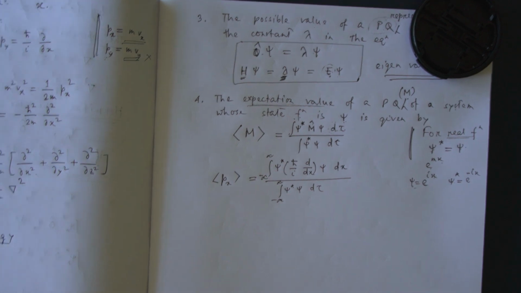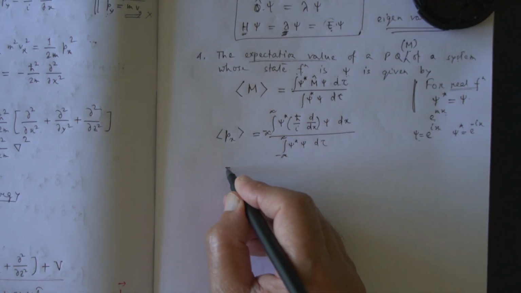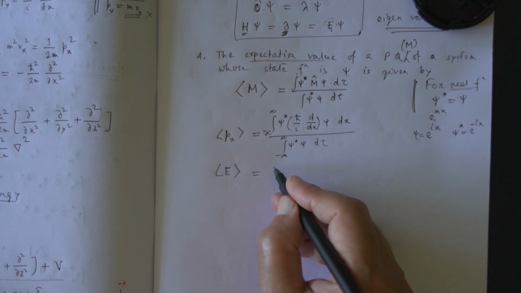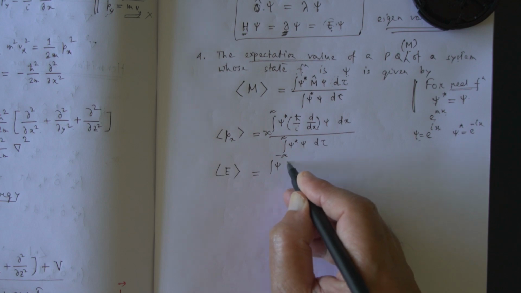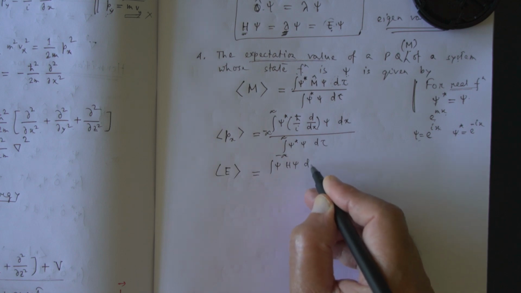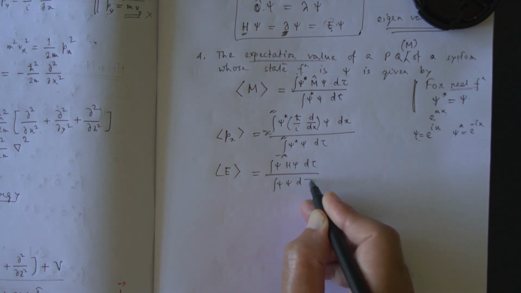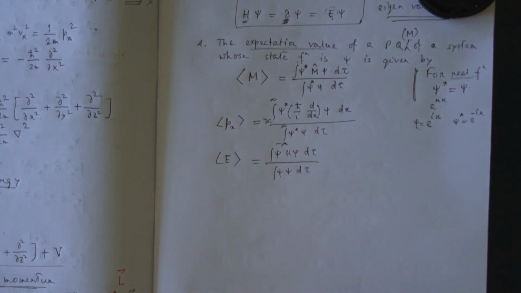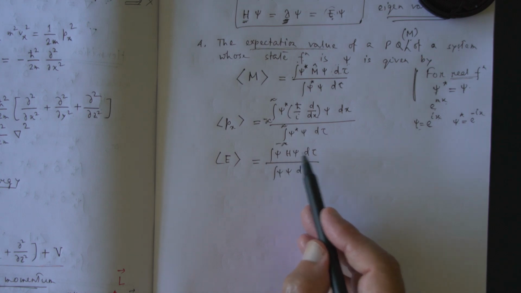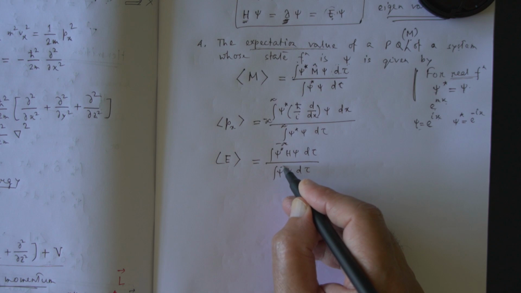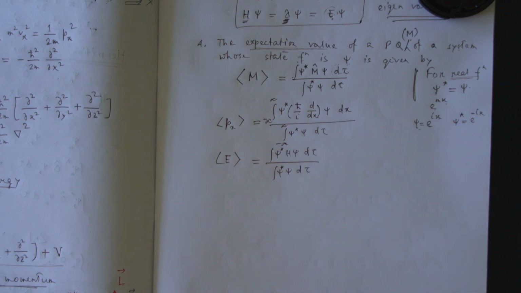Similarly, say the average value of total energy. Again, this is given by psi H psi d tau. I assume psi to be real, so we can write like this, or you can write the complex conjugate also, no problem. So that is the average value of a physical quantity.